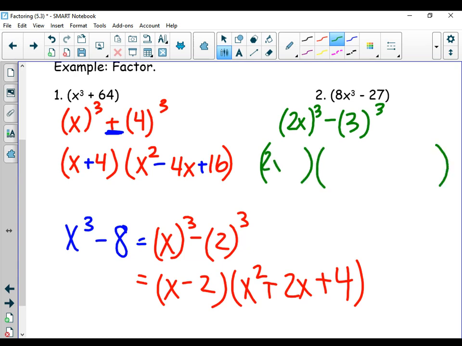So if I write 2x and 3, if I square the first one, what does that actually equal? 4x squared, okay? When I square 2x, that 2 is involved. So that's 4x squared. I multiply the two together, and then I square the last one.